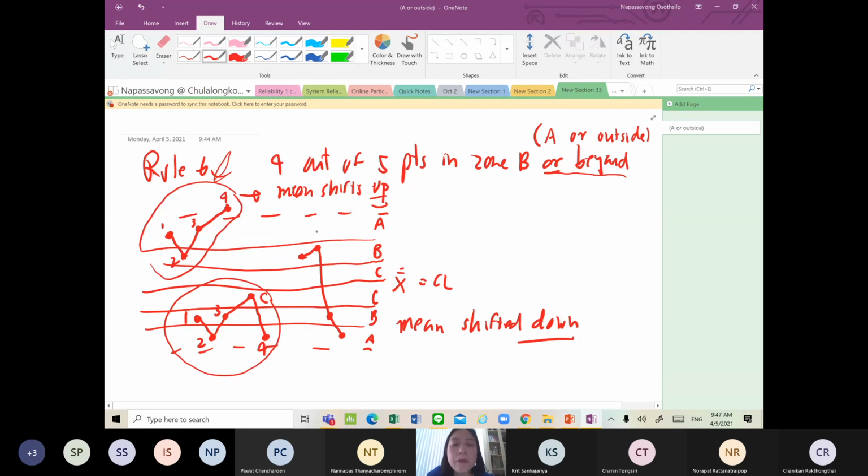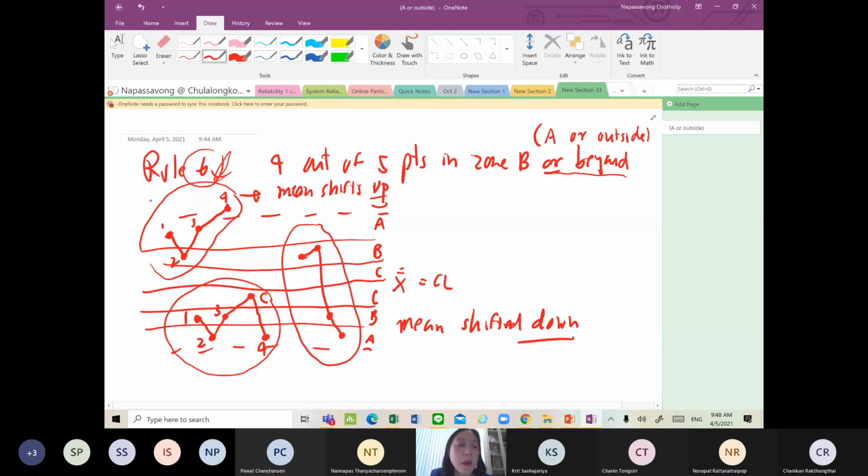Is this pattern evidence that it violates this rule, when the points are on different sides of the control chart, like 2 points on the upper side and 2 points on the lower side?